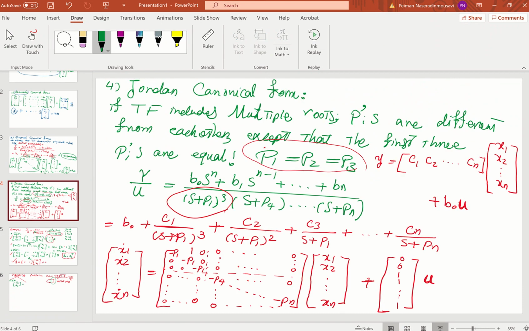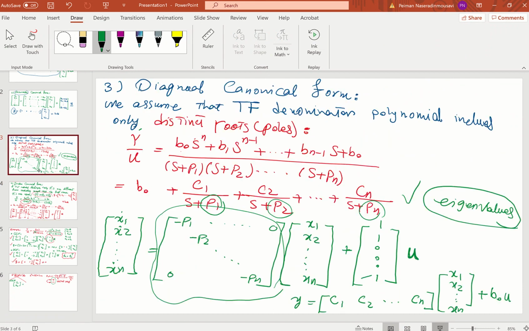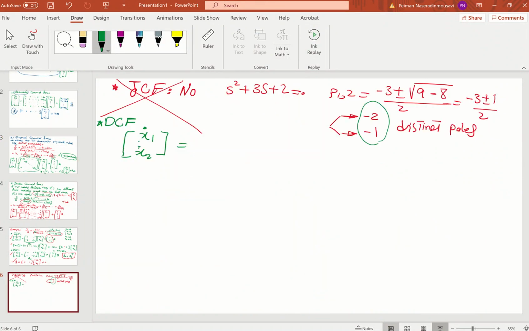Only on the diagonal elements are the poles. Look at this: you're going to have minus 1, 0, 0, minus 2, like that.